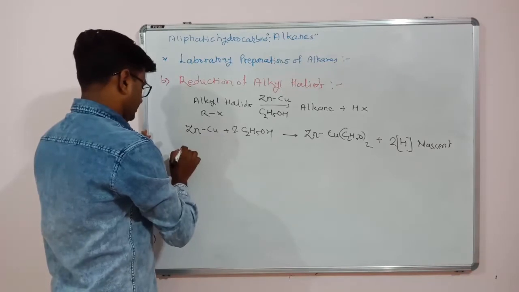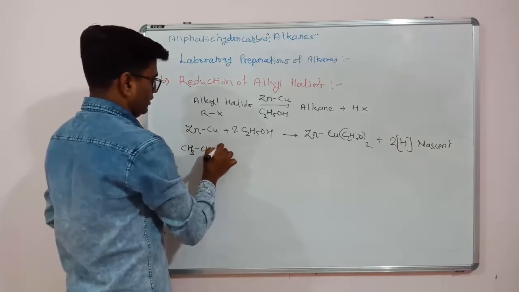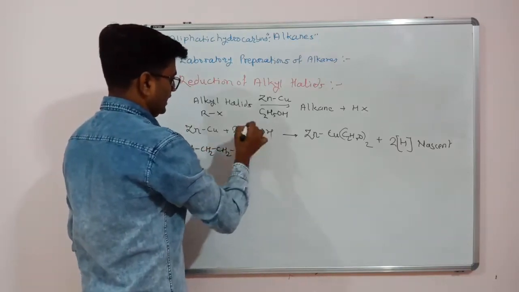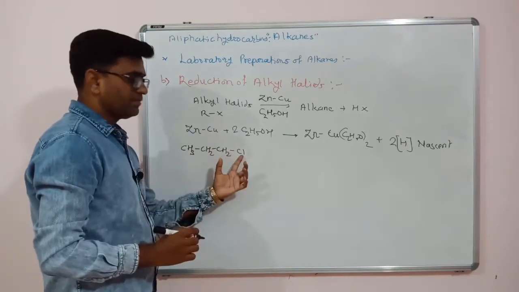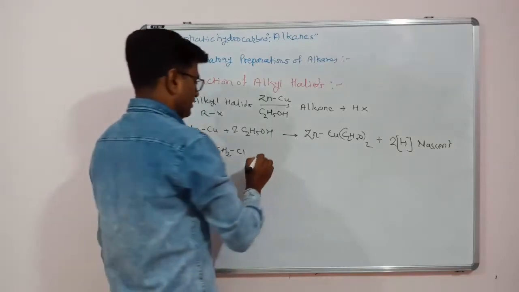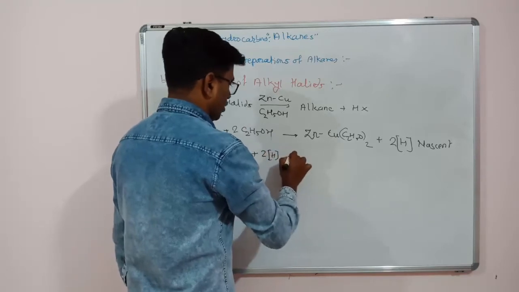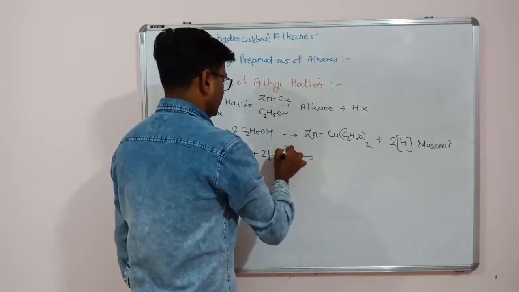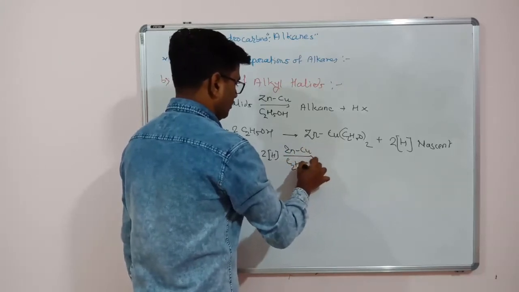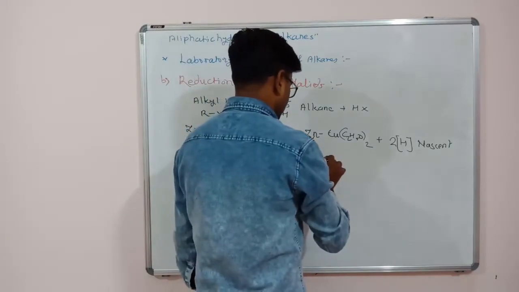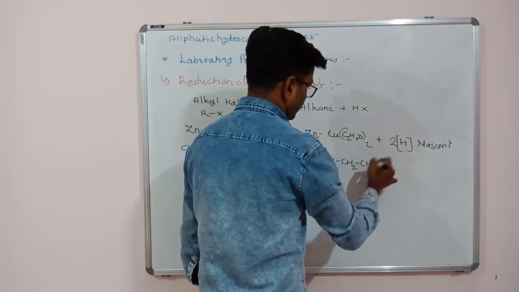For example, propyl chloride, see here, CH3, CH2, CH2, Cl. Now this is called propyl because this is propane, one hydrogen is replaced by Cl, propyl chloride. And if we have two nascent hydrogens which are obtained by the catalyst, that is ZnCu C2H5OH, then we will get CH3, CH2, CH3.